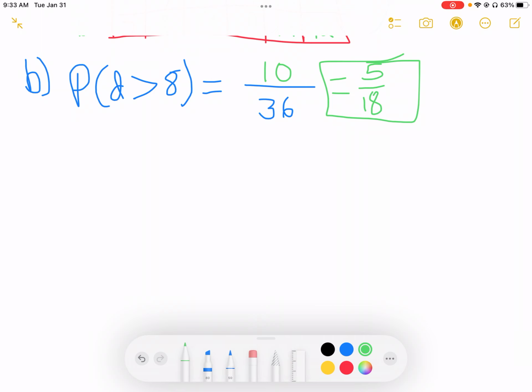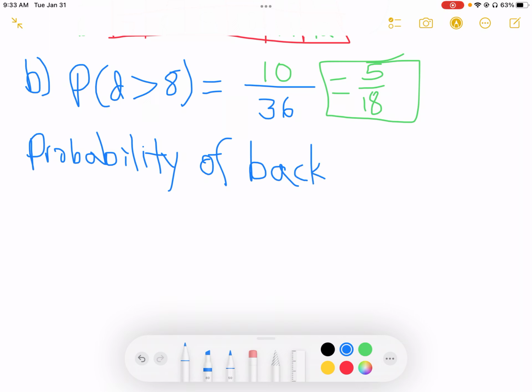Now if we think about the probability of back-to-back events, I guess we'll just write it like this: probability of back-to-back events.